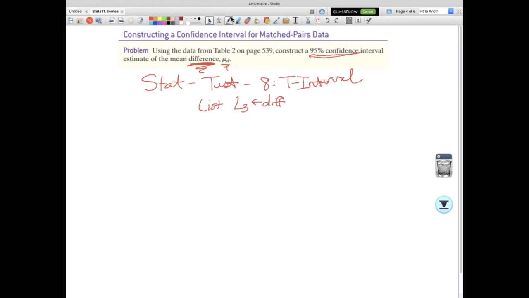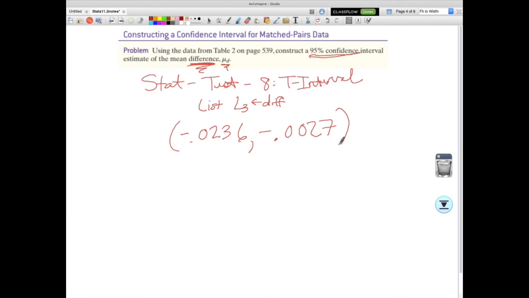So from my calculator, I got that my interval is going to be between negative 0.0236 and negative 0.0027, okay?